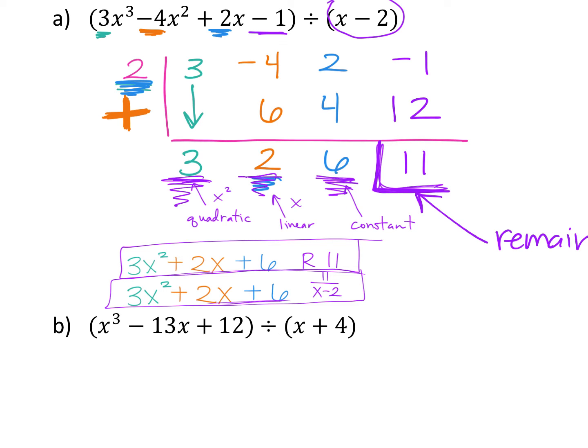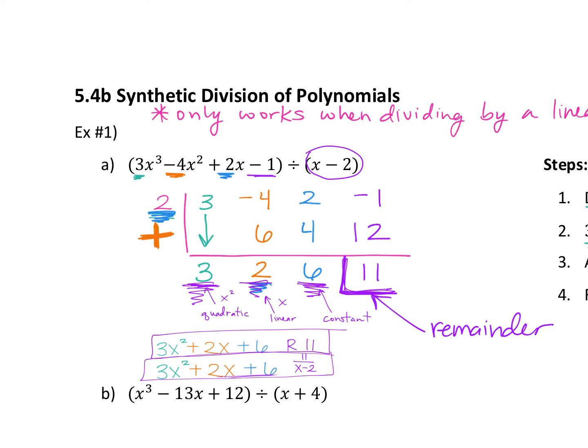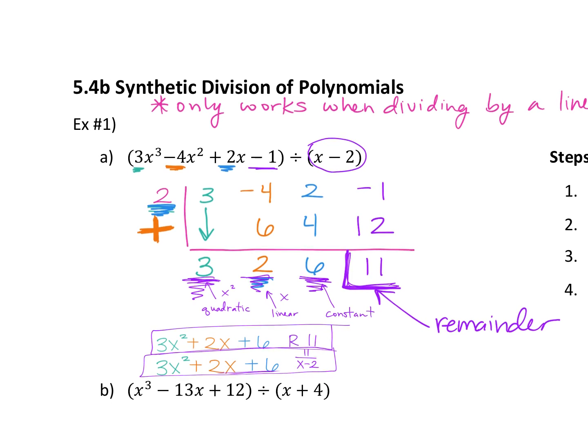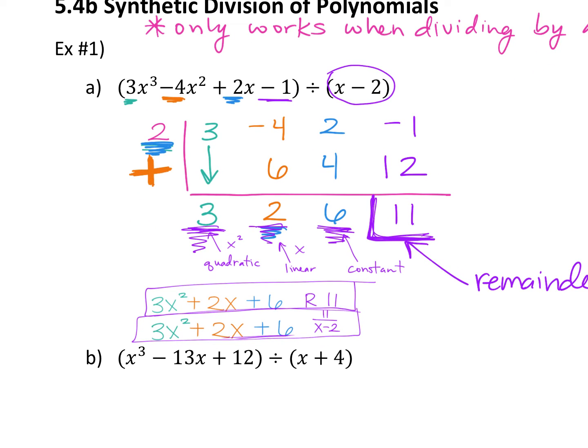What if it has like a 4x to the fourth in the front of the equation? Oh, to the fourth? Yeah, you would just keep going. So whatever you end up with here, if there is one number, it's a constant. It's the number 6. If there's 2 numbers, that's your x and your constant.